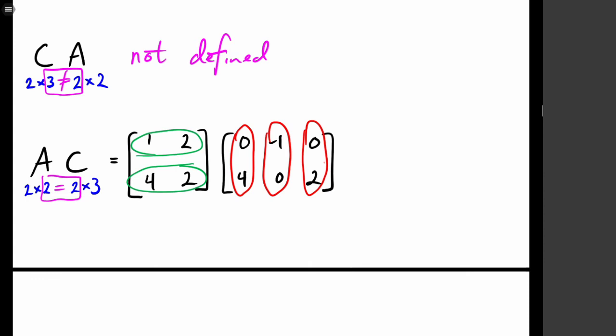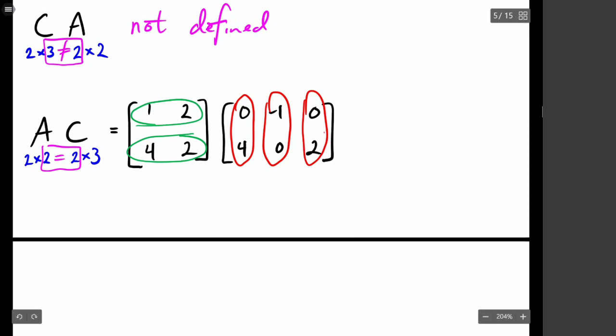So let's get on to it. Okay. So I'm going to skip writing out the R1 dot C1 kind of stuff. Get right on to this. All right, so here, in the first row of the output, we're always using the first row of the matrix A here. So we're going to do 1, 2 dot 0, 4. So that's going to be 1 times 0 plus 2 times 4. All right, now we go to row 1, column 2. This is 1 times -1 plus 2 times 0.